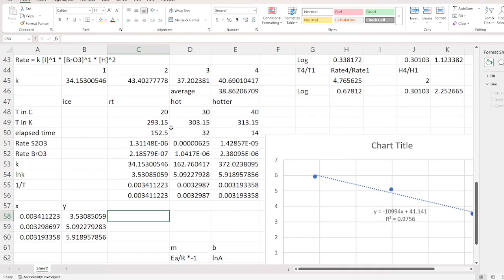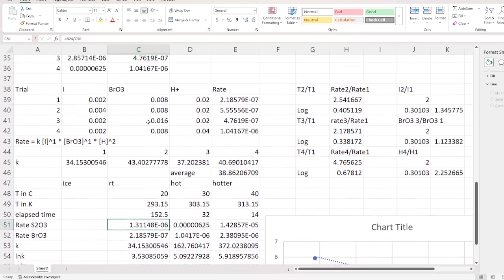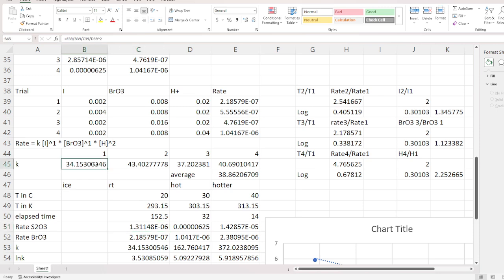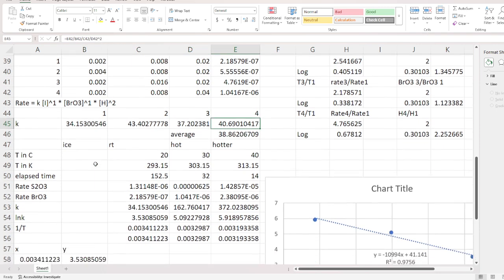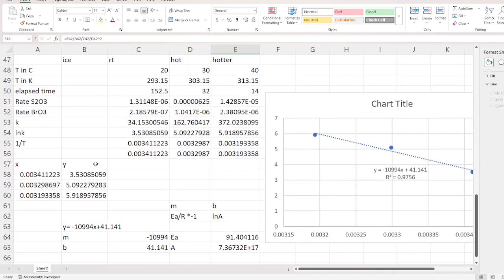So in this last one, if you can get your rates, the rates is all the same as how you would have done it on here. As long as you can get your same K as you would have got there, you're just doing the same thing. But we have to plot this. So we're plotting the 1 over T as the x value and ln k as the y value.